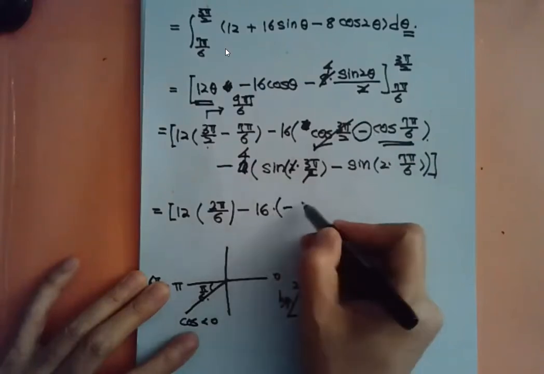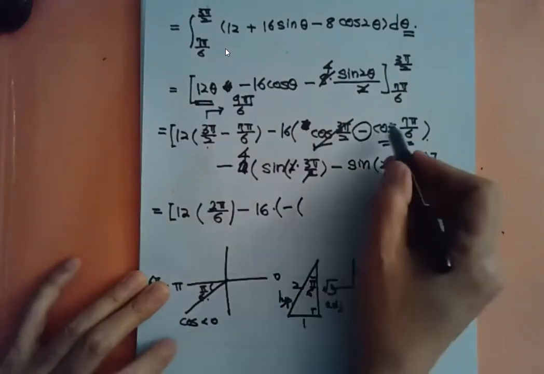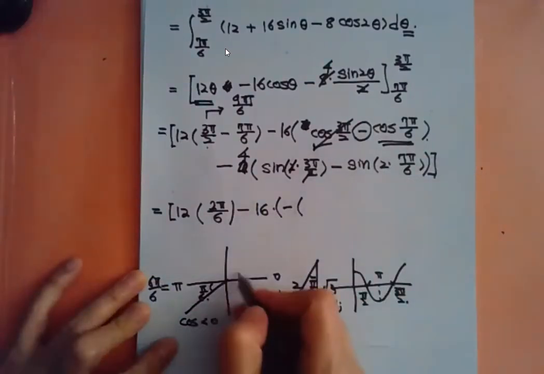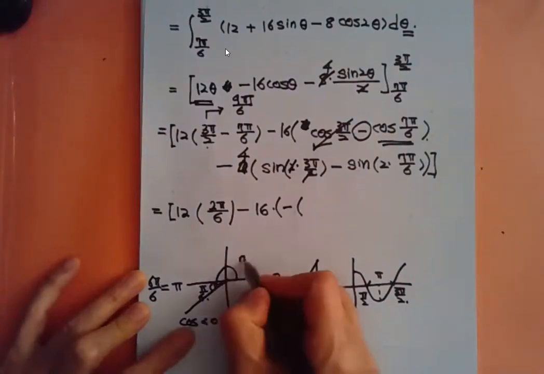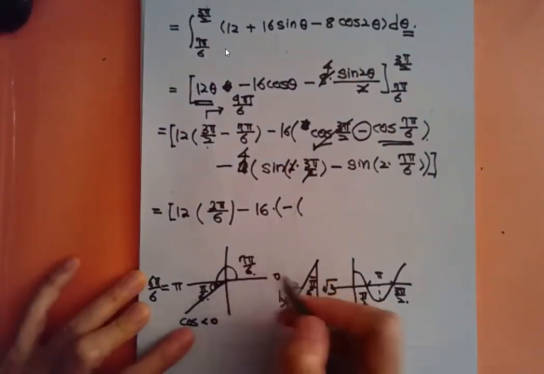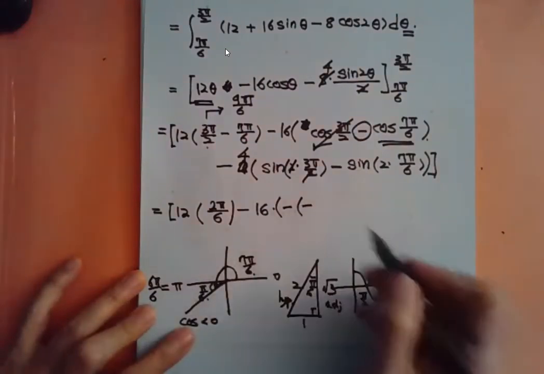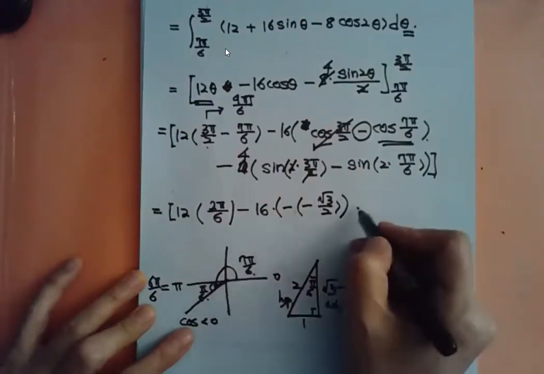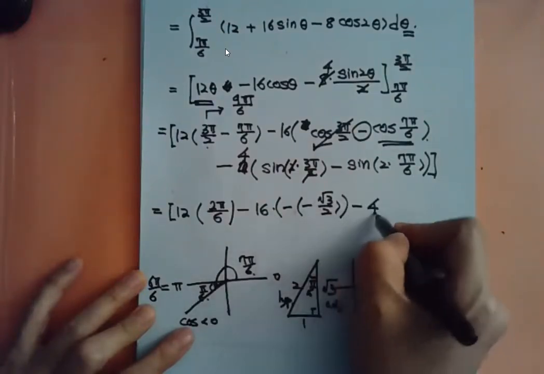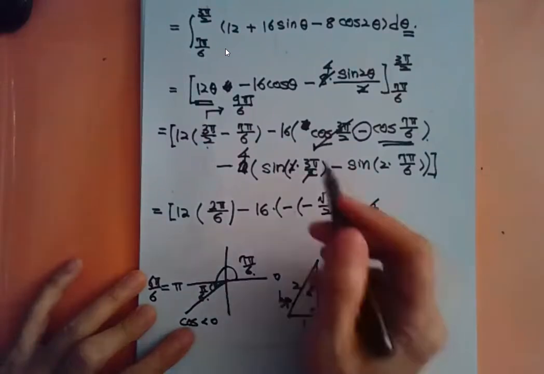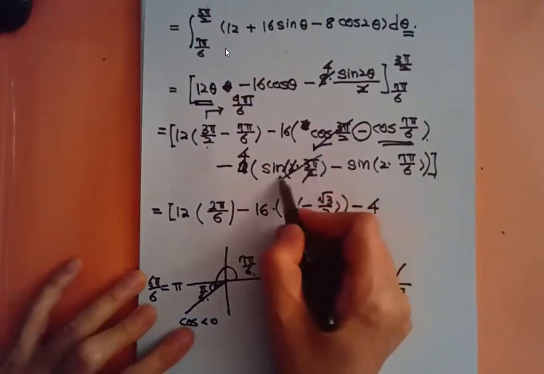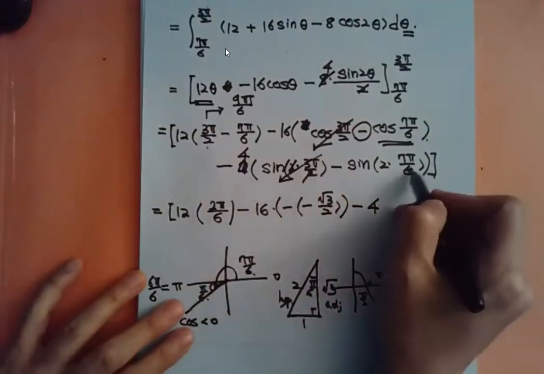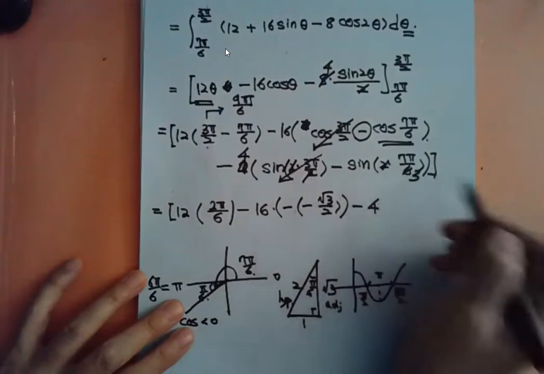So minus this 7 pi over 6 is minus, and so minus square root of 3 over 2, minus 4 times this one. 3 pi is 0, right? And then this becomes 3.